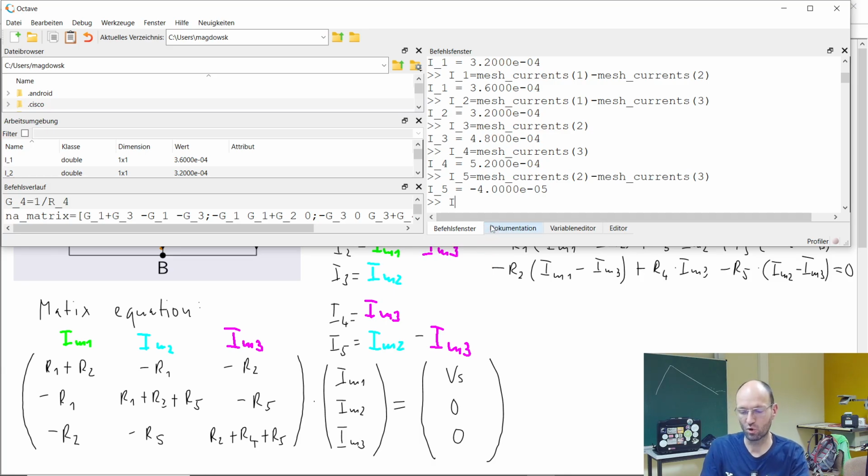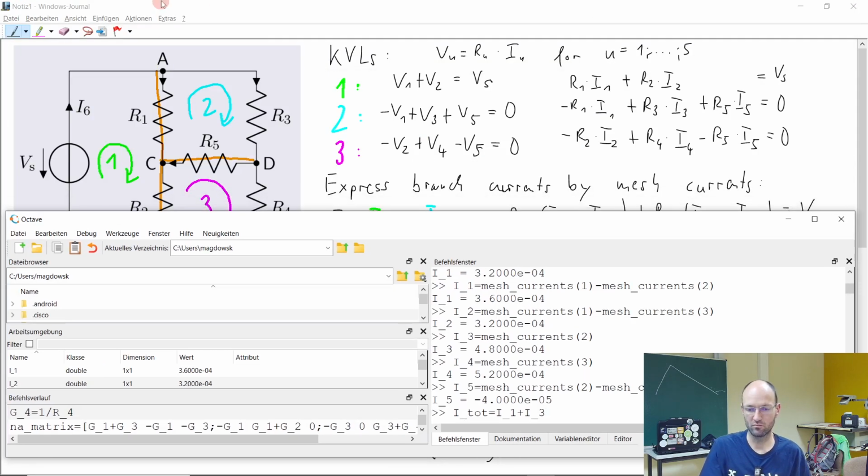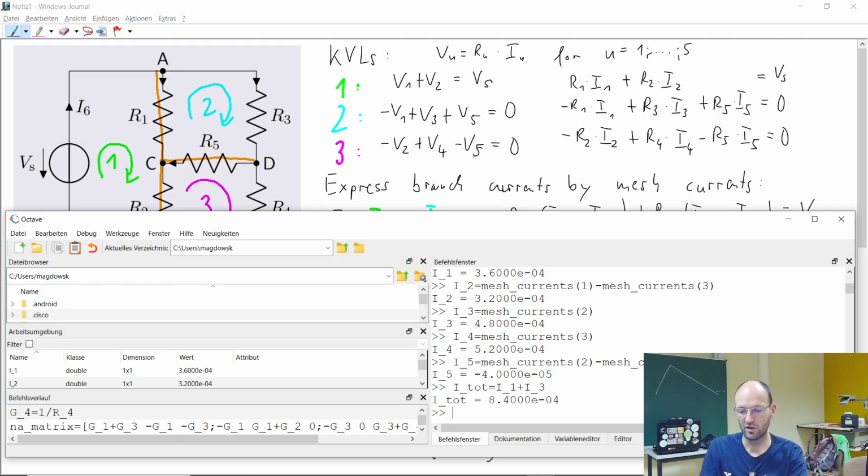And so our total current would be I1 plus I3, right? These are the currents that flow out of our source through the first resistor and through the third resistor. So this should be the total current. And now if we want to have the resistance between these nodes A and B, we need the source voltage, V source, divided by this total current.